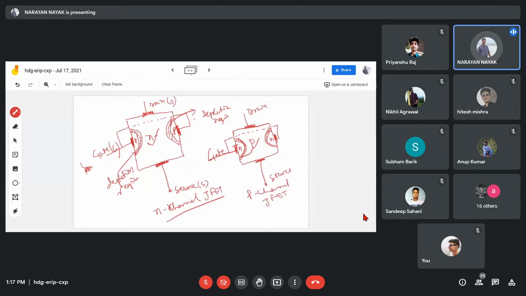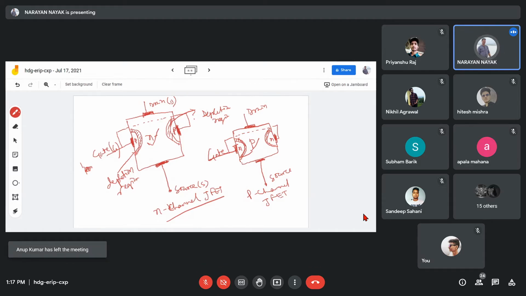Okay. And remember, the drain and source are always on opposite sides, because the drain controls the charge carriers, and the source collects the charge carriers. That's why the drain and source are connected at opposite ends. Understood? Everybody understood? Okay.